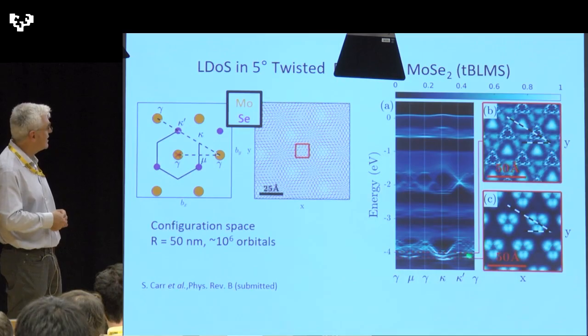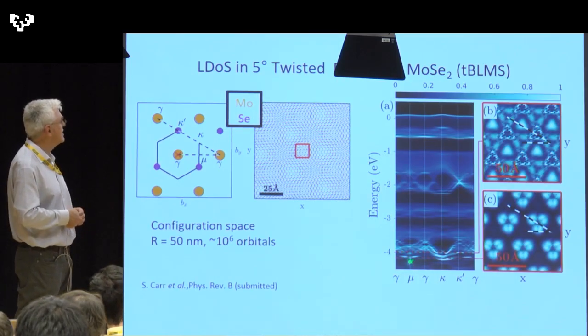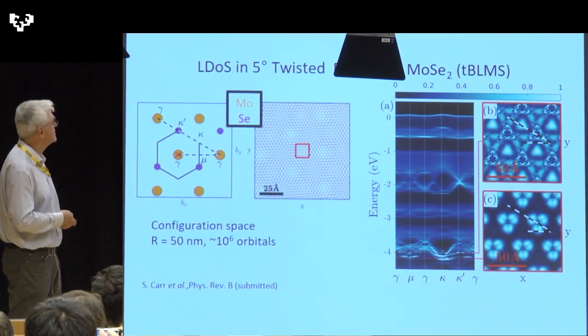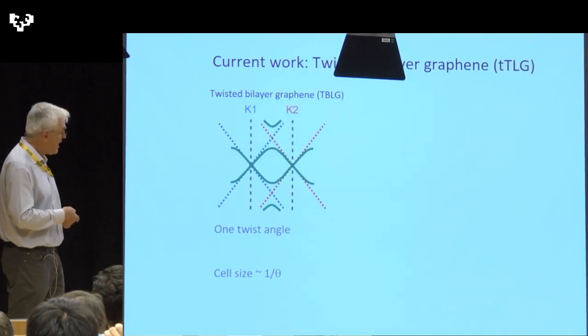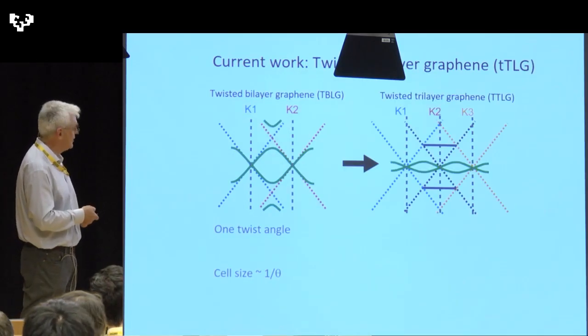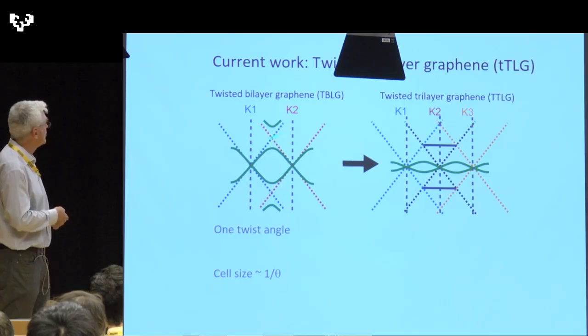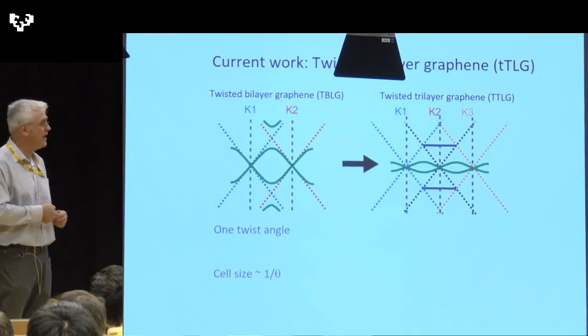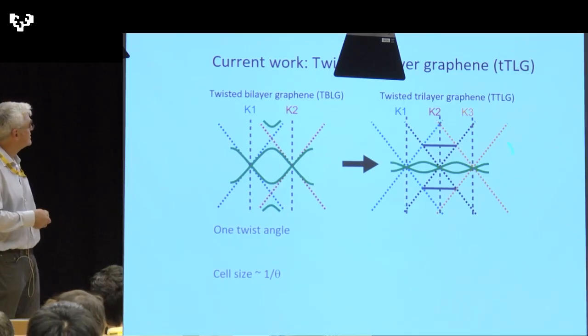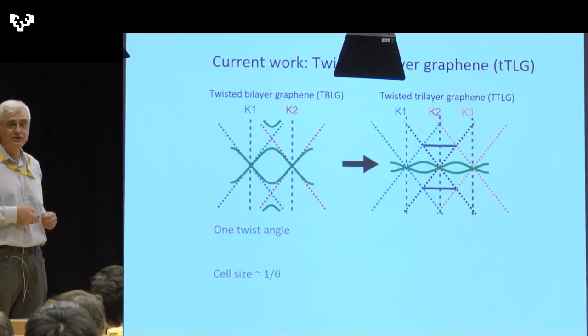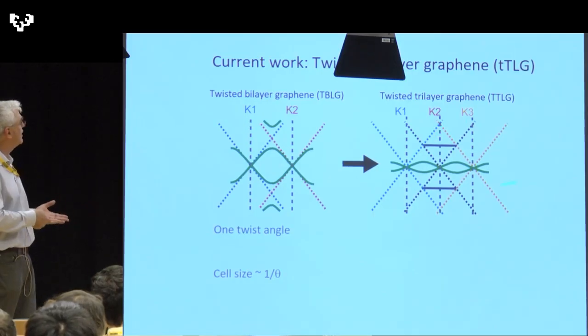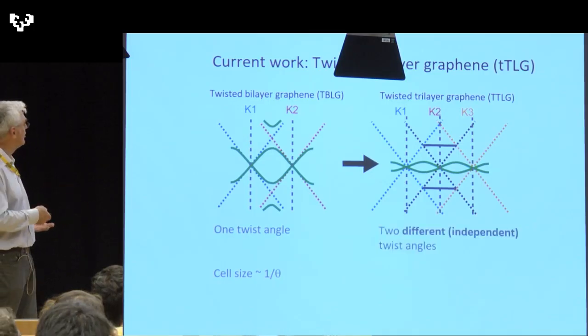You again see these high density of states, situations with localized states, lots of things to explore there. And more recently, we got interested in tri-layer graphene. So this is the picture that I showed you already, and I explained about bilayer graphene. This is tri-layer, 3 Dirac cones. Things are more complicated, and you get, again, these kinds of flat-looking bands in a simple picture.